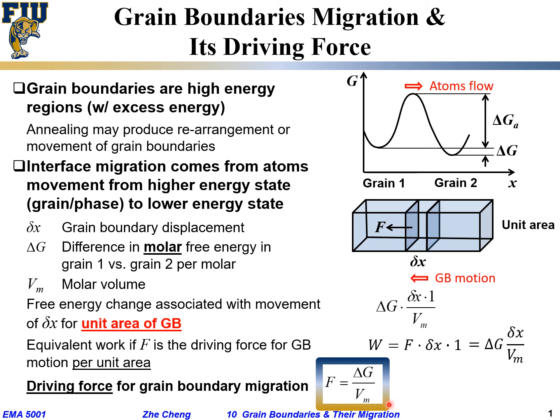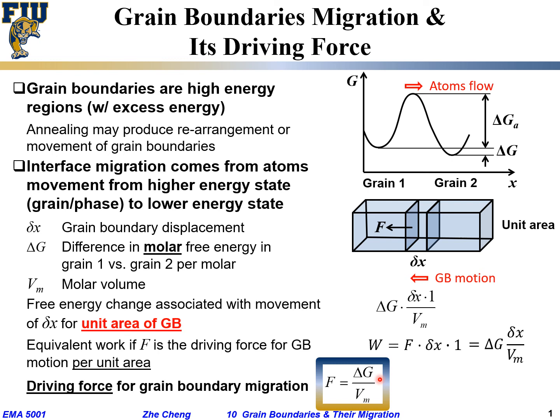Again, what is delta G? I had a mistake here. It should be the difference in molar free energy between grain 1 and grain 2, the two grains you are considering, divided by the molar volume. And of course, when delta G equals 0, it means my two grains have the same molar free energy, and naturally my grain boundary would not move. Makes sense?